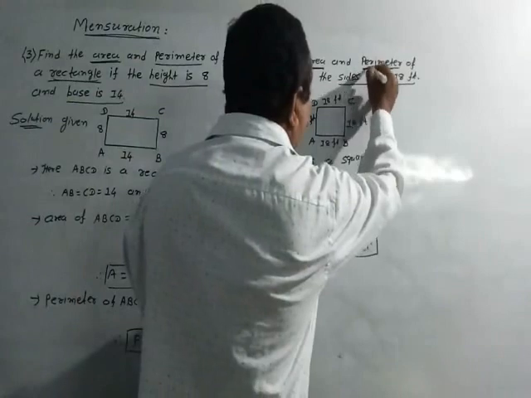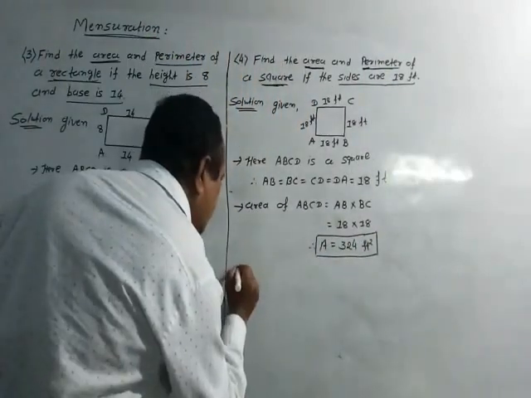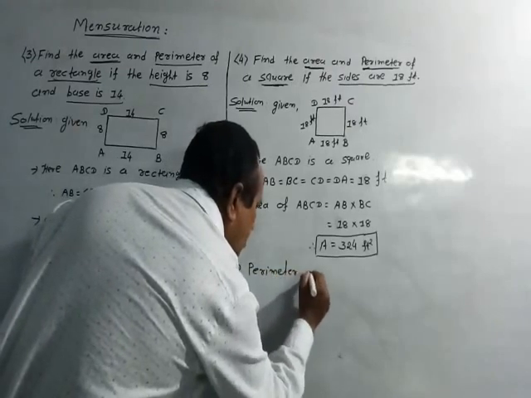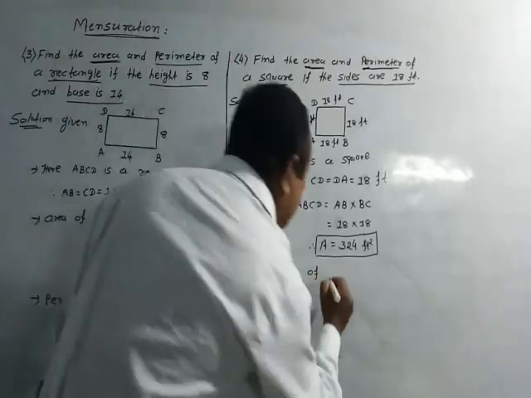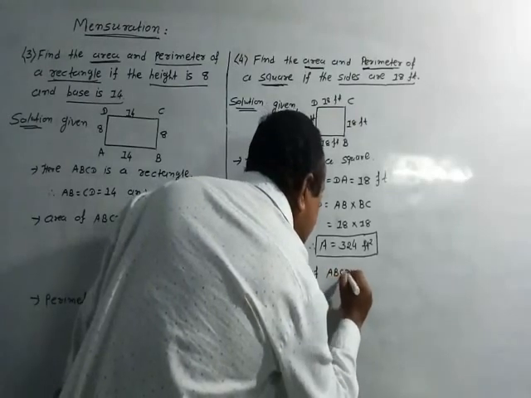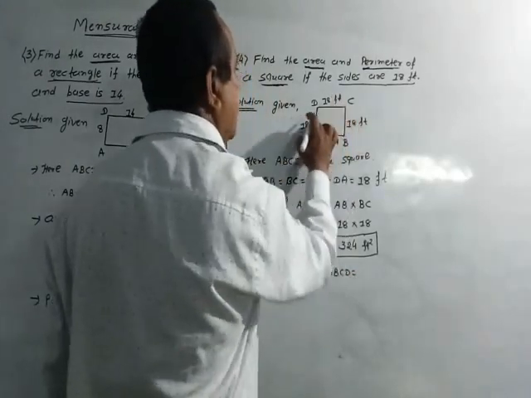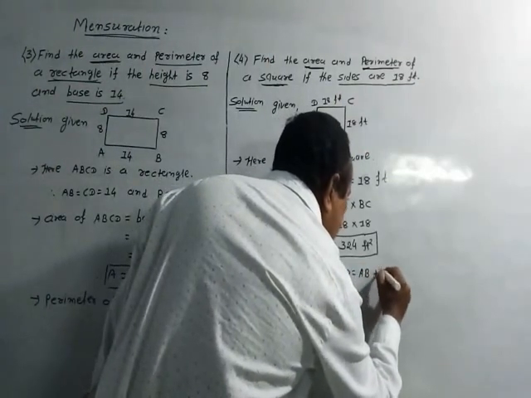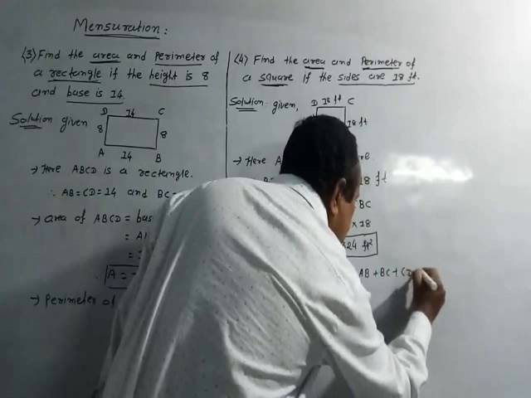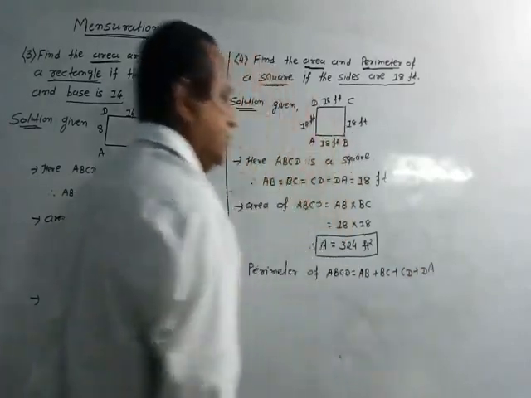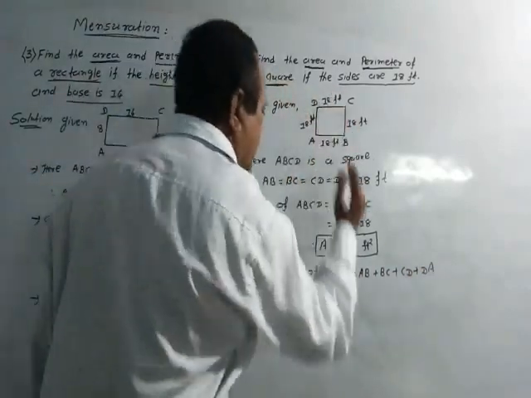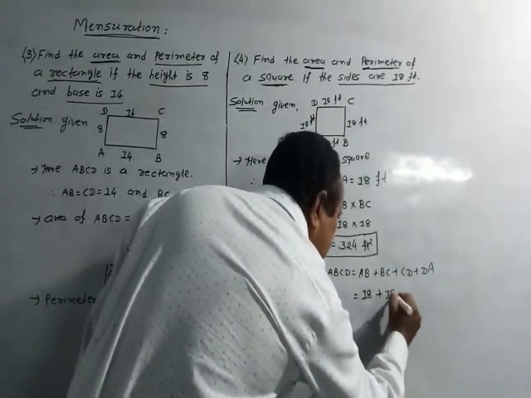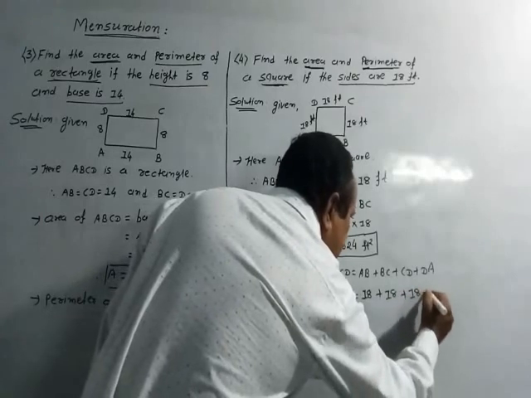Now find the perimeter of ABCD. So perimeter is the addition of all sides. So AB plus BC plus CD plus DA. Now the value of AB is 18, so 18 plus 18 plus 18 plus 18.